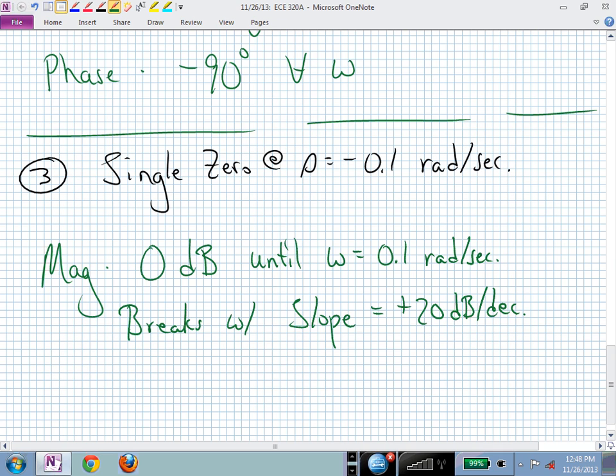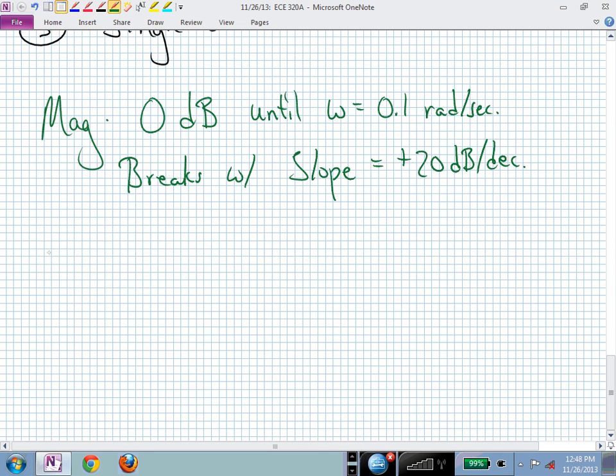Once it starts sloping, do we ever have to turn off that slope? In the magnitude, no. Once it turns on, it's always on. The phase is a different beast. The phase only is sloping over a 2-decade interval, and that 2-decade interval is centered right at the break frequency.